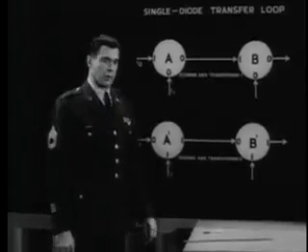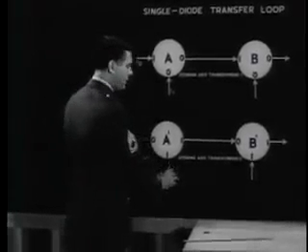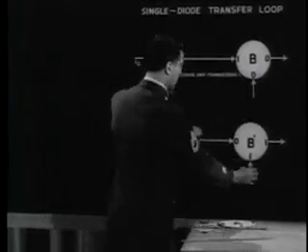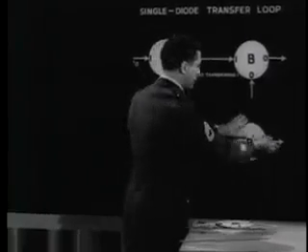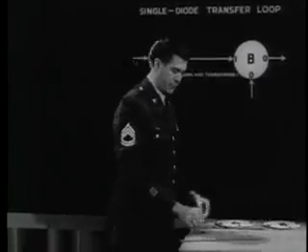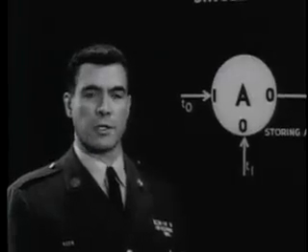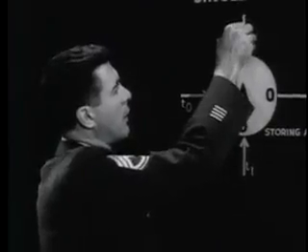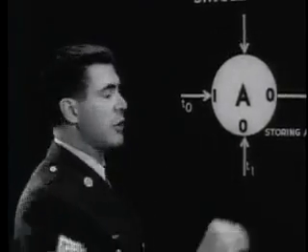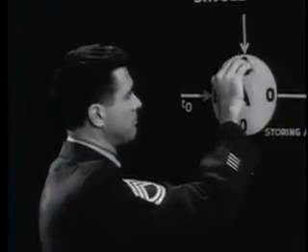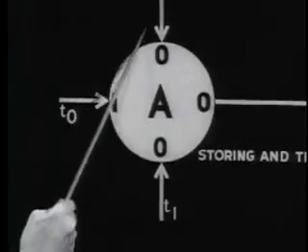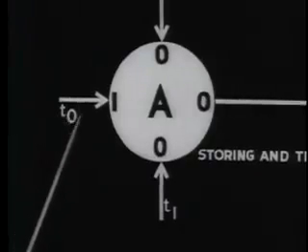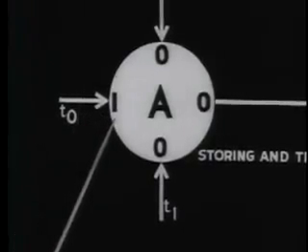The single diode loops have many applications in automatic data processing systems, but there is a limit to the amount of control they provide. Suppose, for example, there were several inputs coming into the first core of a loop. In this way, there are 3 inputs here. The one at the left will set the core to binary 1.